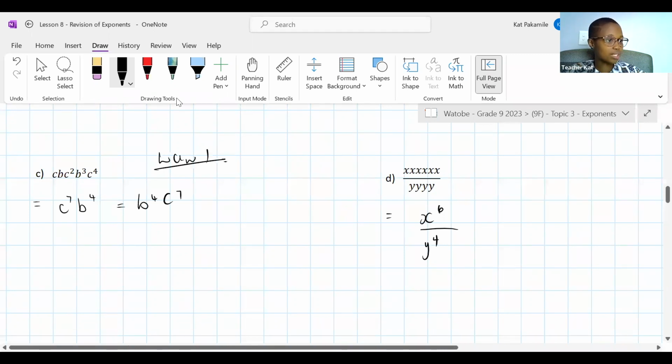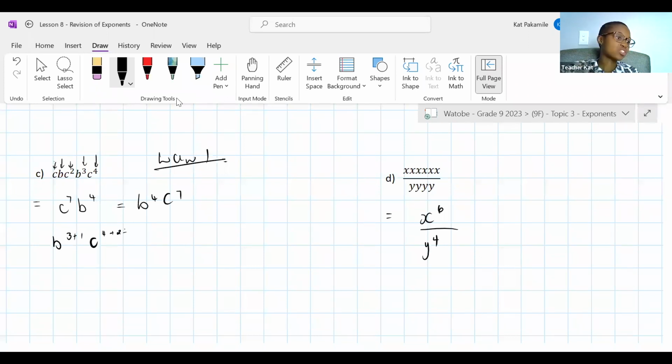So we're going to say B, but there's an exponent of 3 plus, if there's nothing there, there's a 1, plus 1. And C, we're going to have 4 from that one at the corner plus 2 plus 1. That is just for anyone who might have been confused and wondering, where do we get all of these answers?